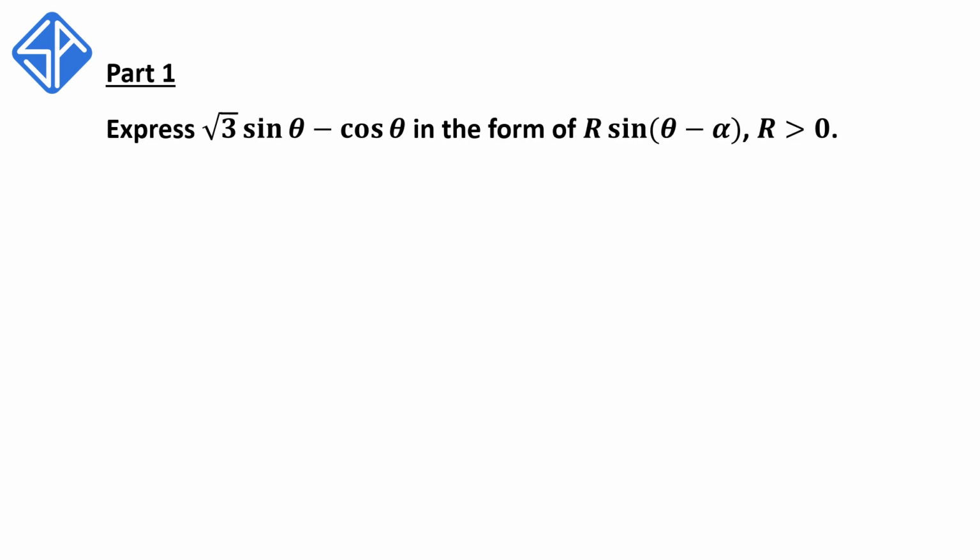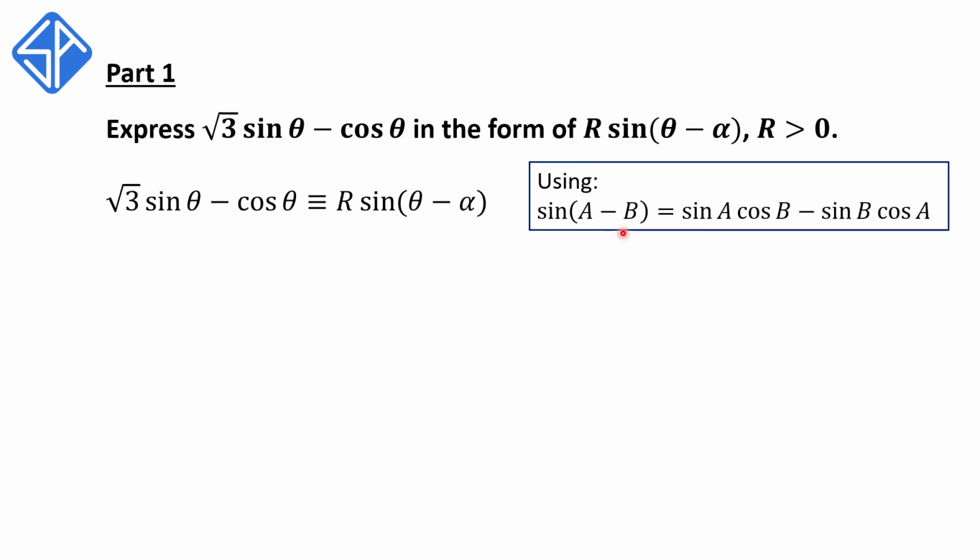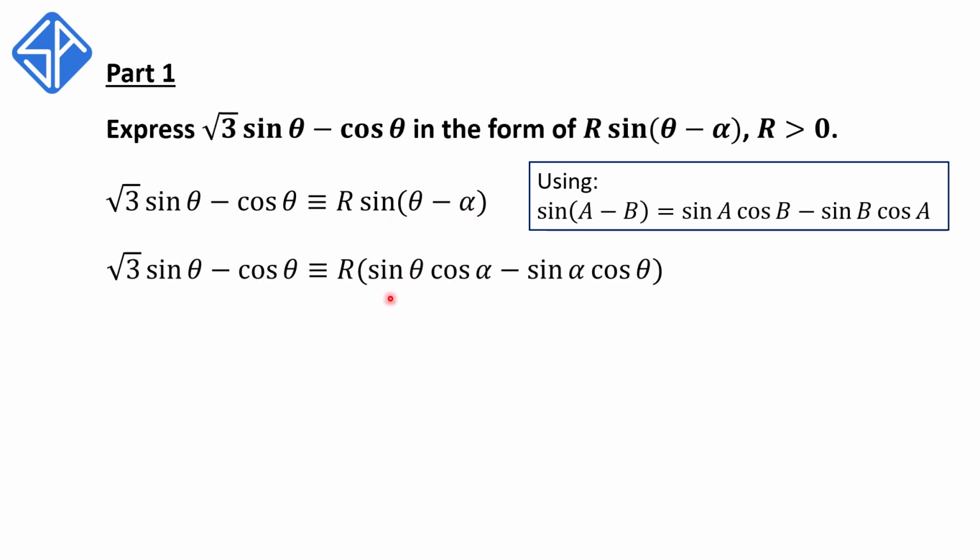For the first part of this question, we're going to need to express root 3 sine theta minus cos theta as r sine (theta minus alpha) with r greater than 0. Since we've got sine (theta minus alpha) here, we're going to make use of the identity sine (A minus B) is equal to sine A cos B minus sine B cos A, so that we can rewrite sine (theta minus alpha) as sine theta cos alpha minus sine alpha cos theta.